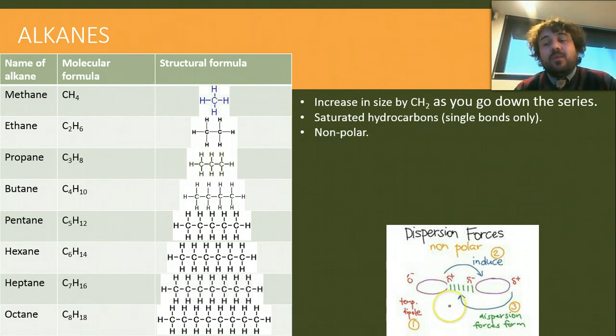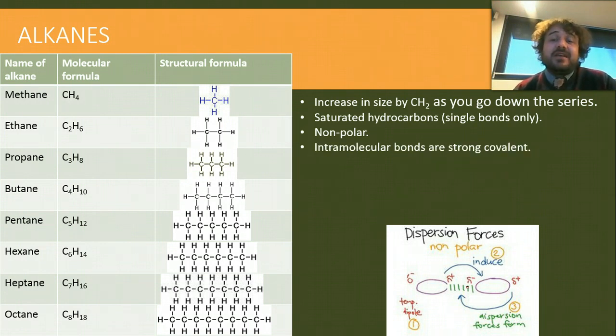Now when they are close together, you can get weak dispersion forces, which means the random migration of electrons around the atom or around the molecule means that you might very quickly get an area which is polar, then non-polar. They then get attracted to each other, and that pushes them out further. This is a dispersion force. We'll get into that more in a minute.